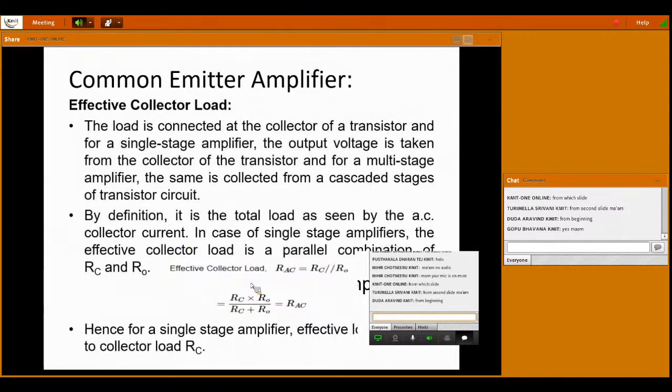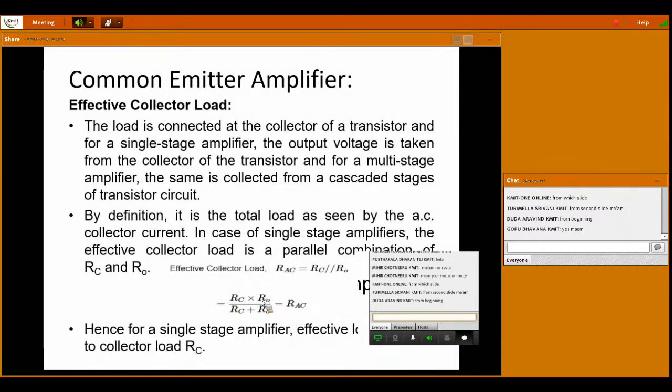So in order to find the effective collector load, we take the parallel combination of RC with respect to your R naught, where R naught is very high.